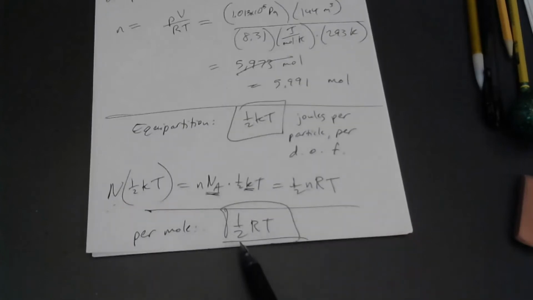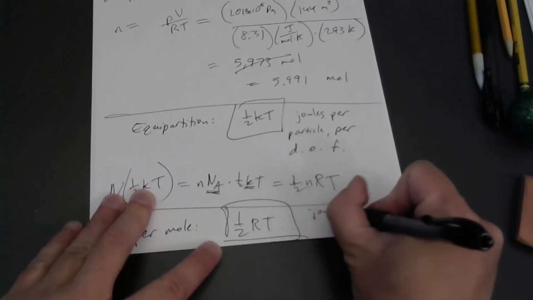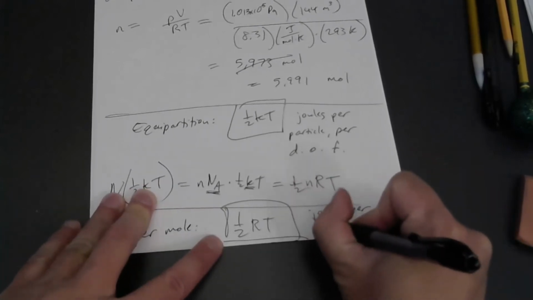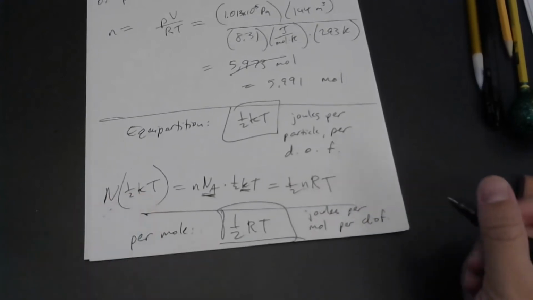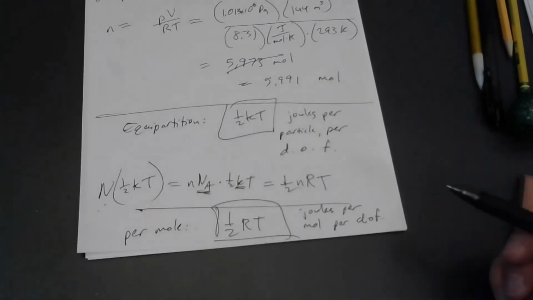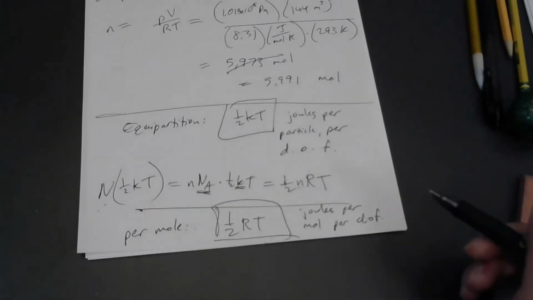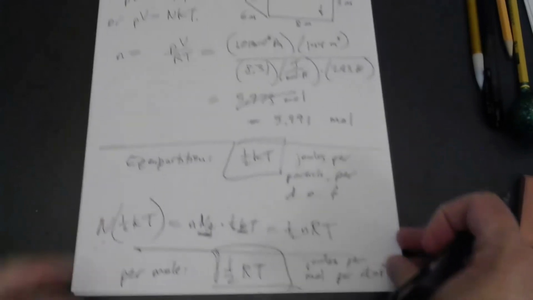This is each degree of freedom for each mole. So I'll put joules per mole per degree of freedom. Memorize it. 1/2 kT per particle, 1/2 RT per mole, per degree of freedom. It's not a very complicated formula. If you can just remember that, so much more of this chapter will make sense to you.